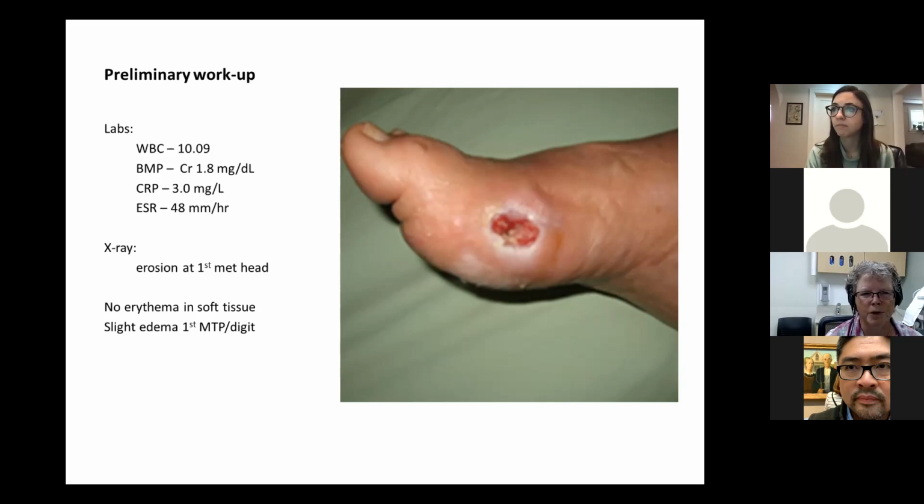You don't always need to go to the more expensive tests if you're getting the clinical response you're looking for. I do like to start with a plain film because if I find bone changes on plain film, I don't need an MRI to tell me the bone is involved.